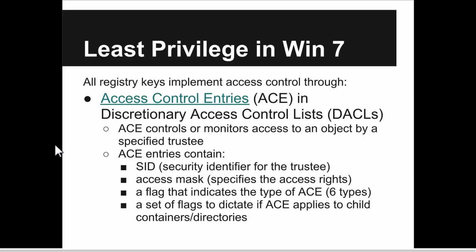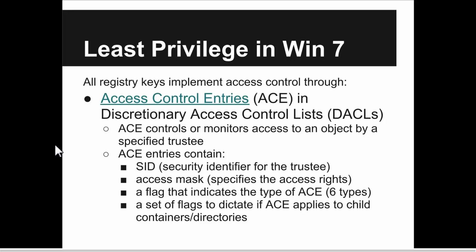I'm sure you've all seen chmod 755 some file. The numbers go from 0 to 7, and they specify bitwise permissions for user, group, and other. So there's an access mask that specifies the access rights for objects.